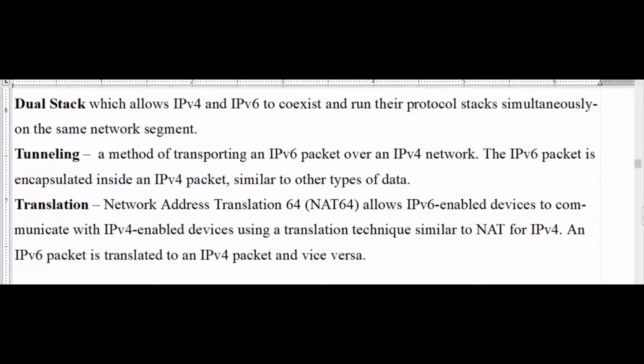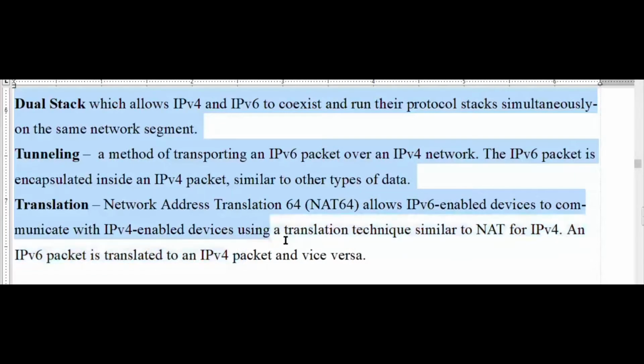There isn't a date to move to IPv6 yet, so both IPv4 and IPv6 are expected to coexist for the foreseeable future. However, the IETF has created various protocols and tools to help network administrators migrate their networks to IPv6, which can be divided into 3 categories. There's dual stack, which allows IPv4 and IPv6 to coexist and run their protocol stacks simultaneously on the same network segment.